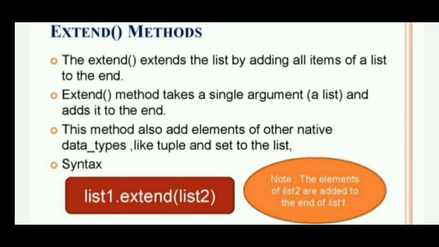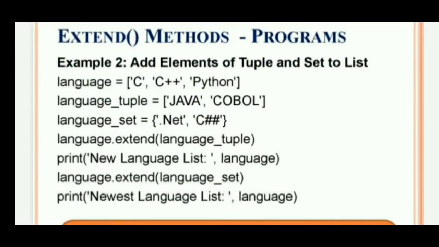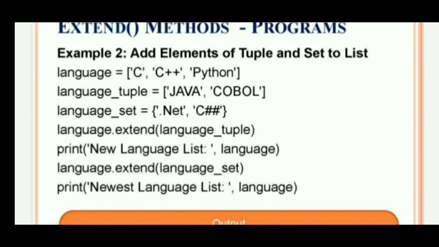Next one, extend methods. We have seen the extend method, it will add elements after the first list. Extend method program: language list C, C++, Python; language tuple Java, COBOL; language set .NET, C#. So C double hash is there, it is called C sharp or C#. language.extend(language tuple) will add the elements of the language tuple after the language list.